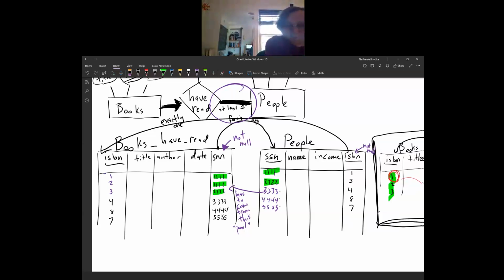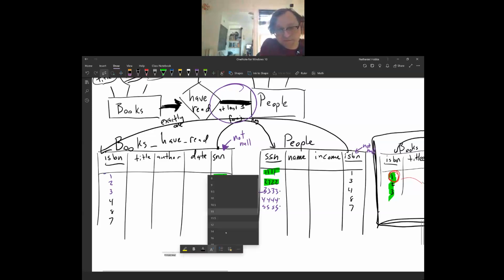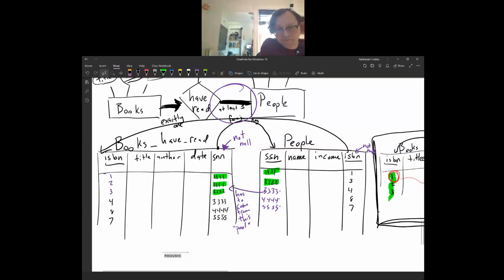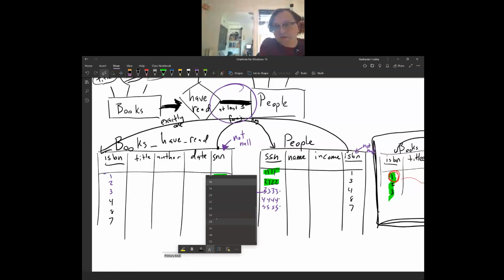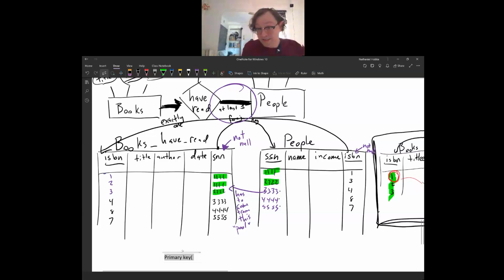So the way that it would work is when you're creating a table, let's see if I can make that bigger. I know it's very small. That's better-ish.